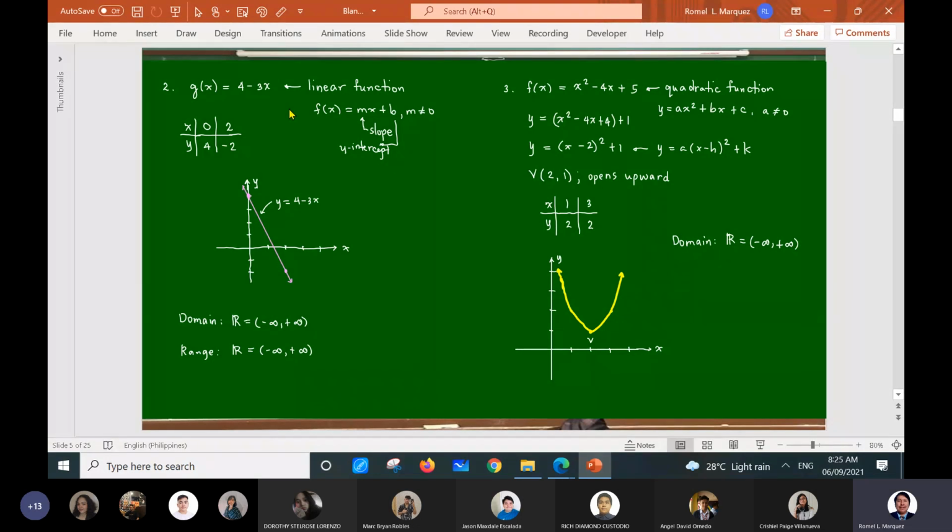Linear function, constant function, they belong to the family of polynomial functions. What about the range, guys? What do you think? Look at the graph. It starts from the vertex going upward. So what's the value of the y in the vertex? 1, no? Starting from 1, going upward. Is that clear, children? So that's the range.